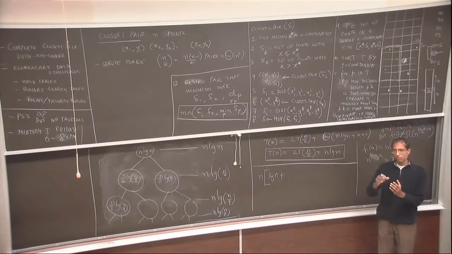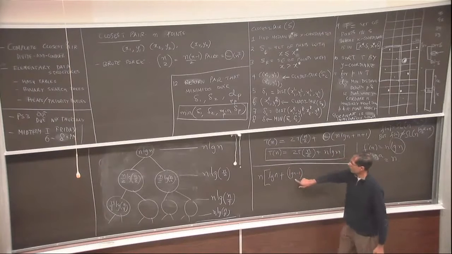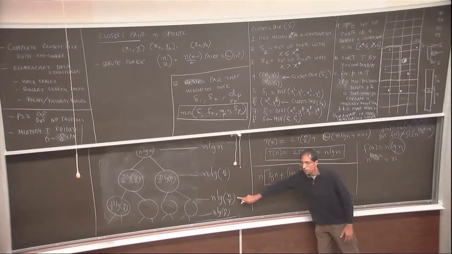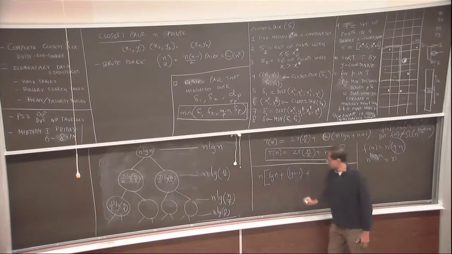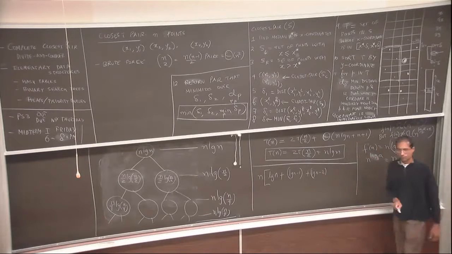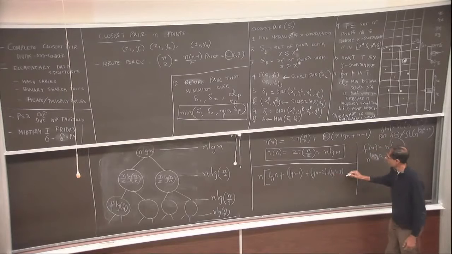It's log of n minus log of 2, so it's log of n minus 1. So this is very important: log of n by 2 is log of n minus 1. What's the next term? Log of n minus 2. And the next one, log of n minus 3. And there are only log n such terms, so it basically goes on all the way down to 1.